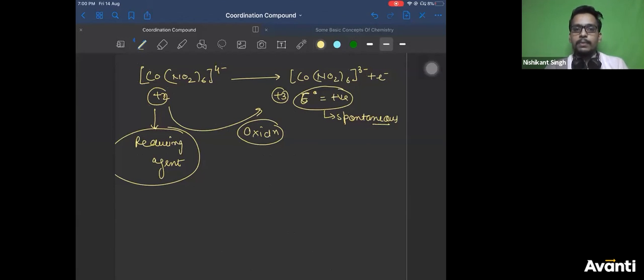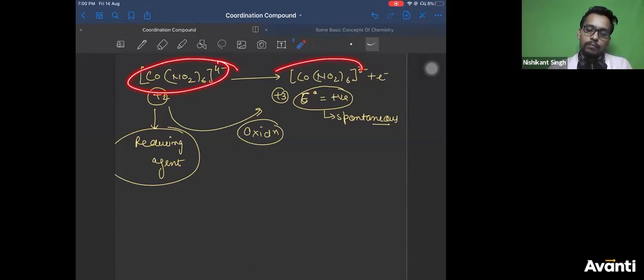Yes, these are exceptions. I told you exceptions will be explained. All right, Usman, these exceptions will be explained after I finish VBT and CFT. So, Chetan, I hope you are asking about this slide only. We checked the oxidation potential of this reaction. Here the oxidation state is +2, here it is +3.